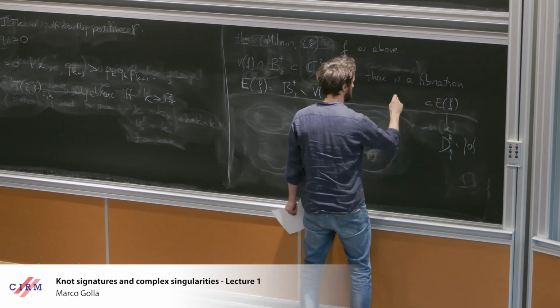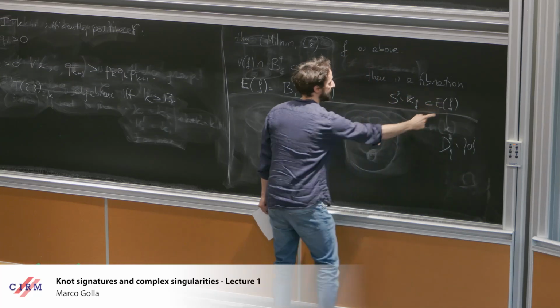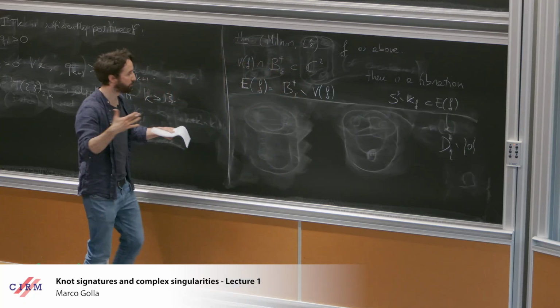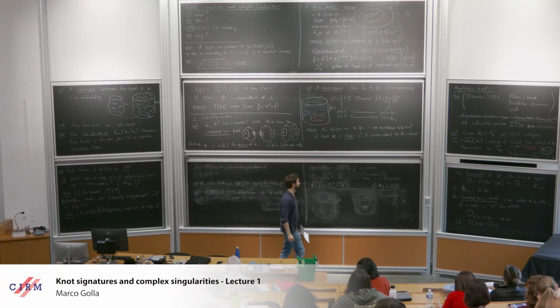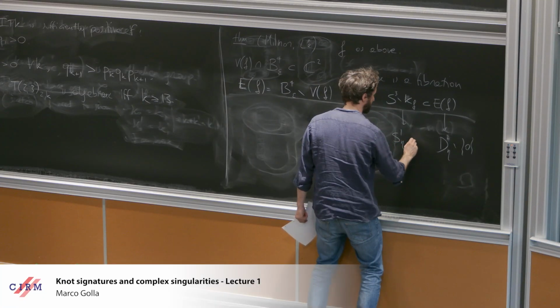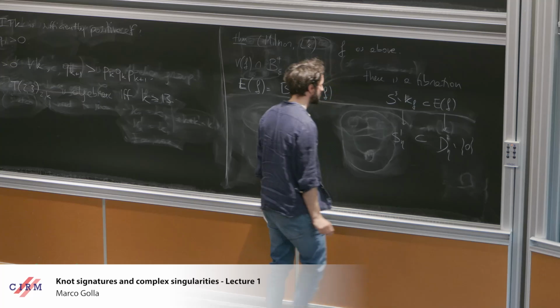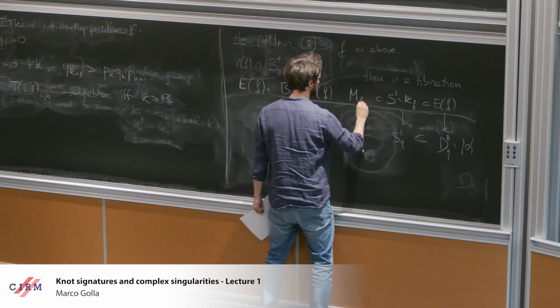And there's also the exterior of the knot that lives somehow as one of the halves of the boundary of the exterior of F. This fibers over S1 of radius eta, which is included here. And the fiber is a surface that's called the Milnor fiber.